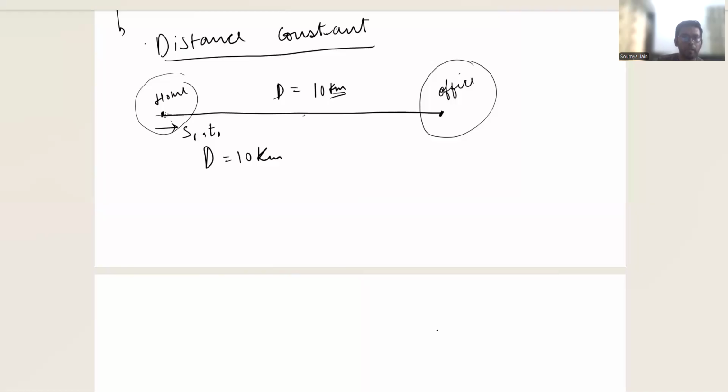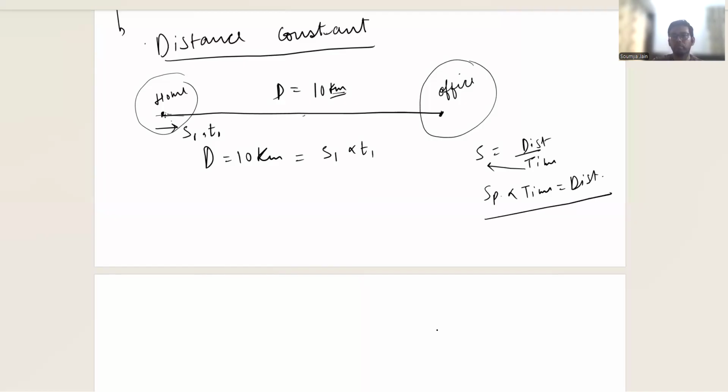ठीक है. So I can write this in this way also. Distance is what? Speed into time. ये फॉर्मूले से आया. We had written S equals to D by T, distance by time. You can check it out. We have discussed it above also. So this goes here and it becomes speed into time equals to distance. ठीक है, ये हो गया.